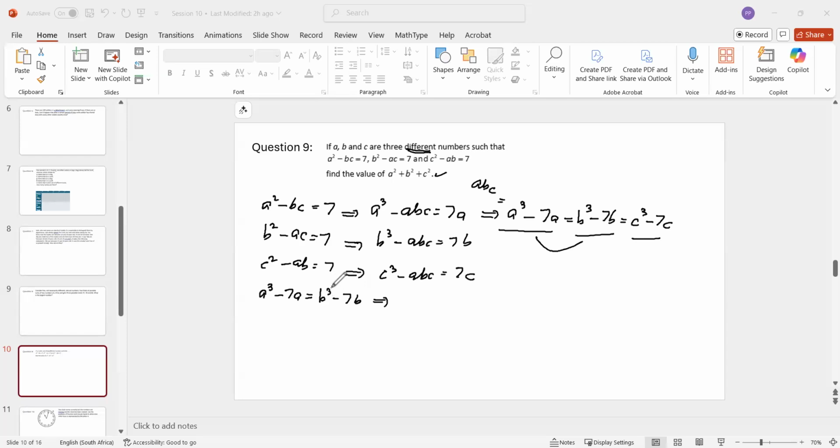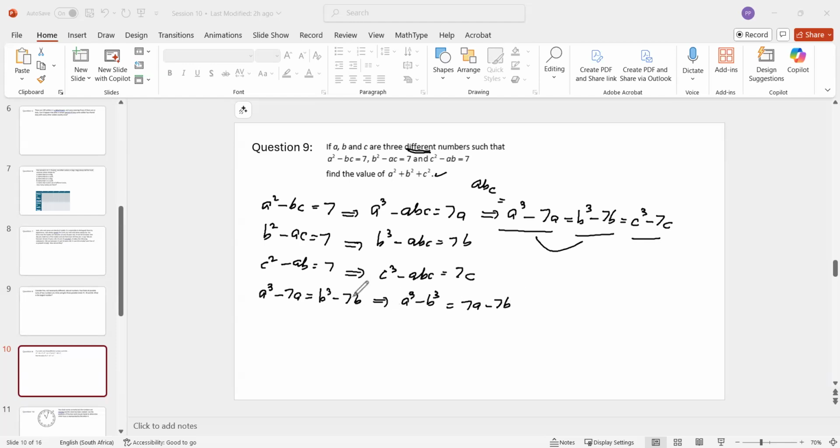Now I can bring the b cubed to this side. I like to do that because then I'll get a difference of two cubes. And I know something about difference of two cubes. And bring the 7a to this side. And I have 7a minus 7b.